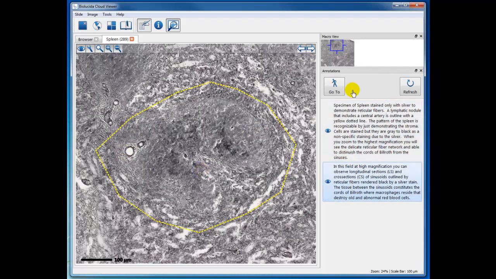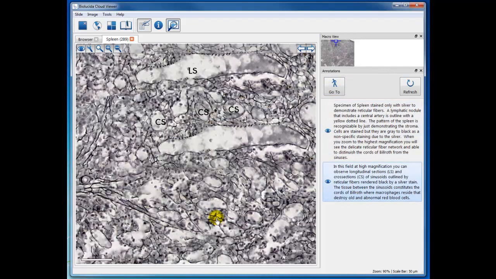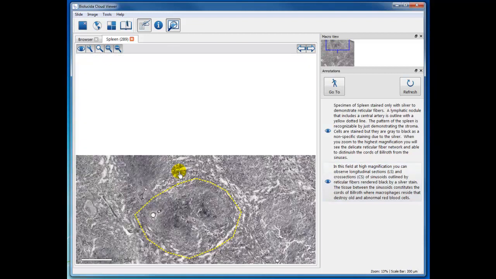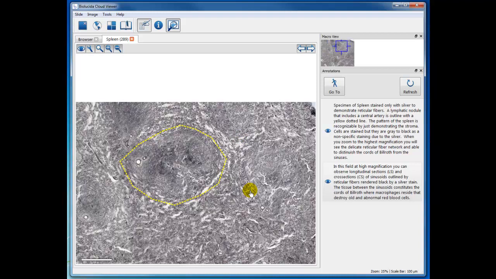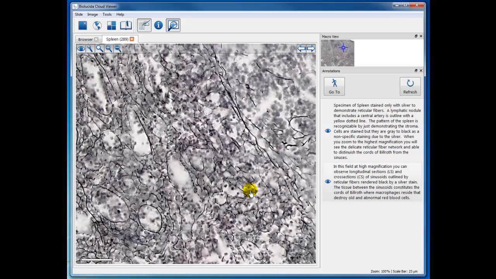And then in this particular annotation, you can see the cross-section of a sinusoid and the longitudinal section, and the tissue between are the cords of Billroth. So understand, in the liver and the spleen, the reticular fibers form an extensive network upon which the cells are gathered together and organized, and many of them attached to that reticular network.